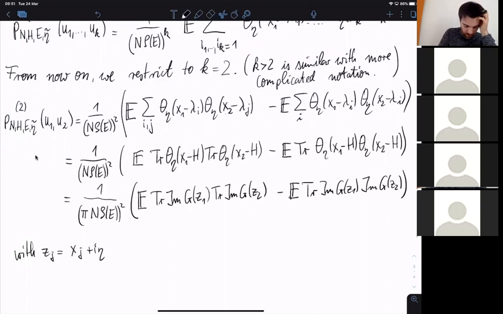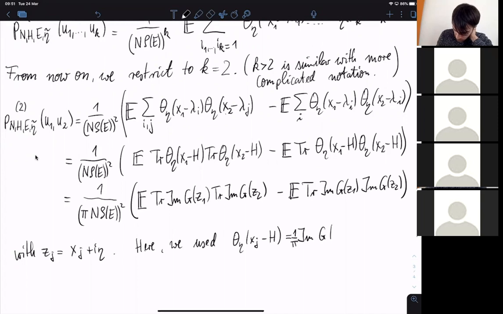I evaluate at the Zj here, and I used the following, that theta eta of xj minus H is the same as 1 over pi times the imaginary part of G(Zj).